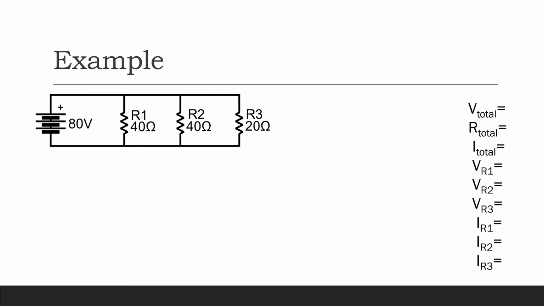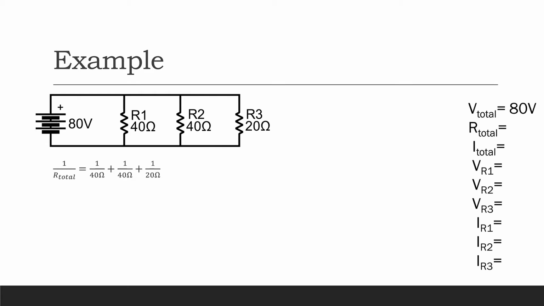The first one I see is that the total voltage is just the voltage that's coming from the power supply. So we can write that down right away: 80 volts. Then we want to find the equivalent resistance for this circuit, which we can do using the parallel resistance formula. We say 1 over R total is 1 over R1 plus 1 over R2 plus 1 over R3.